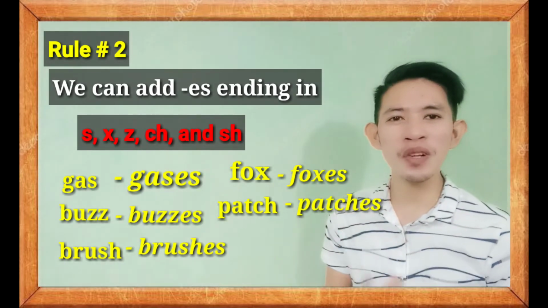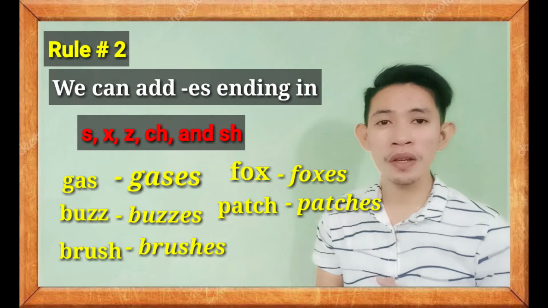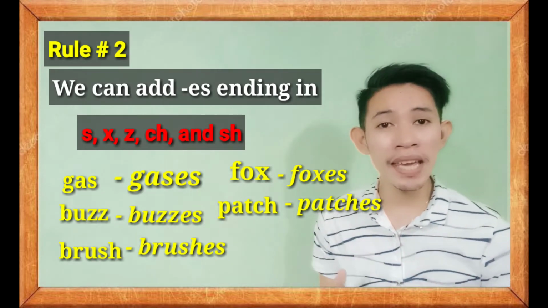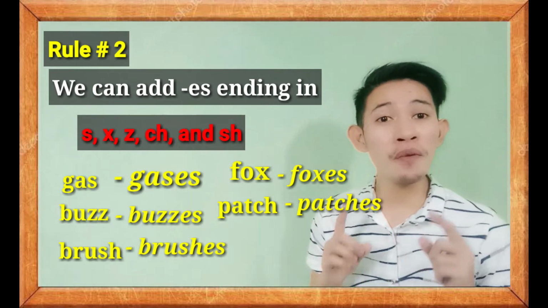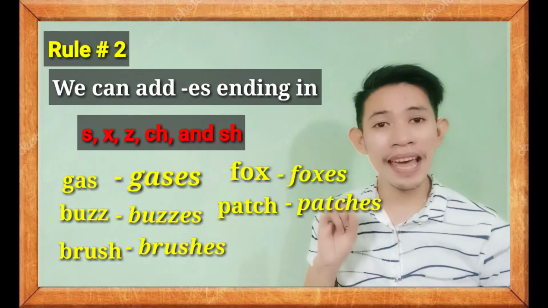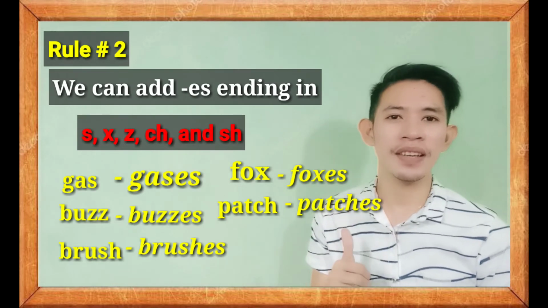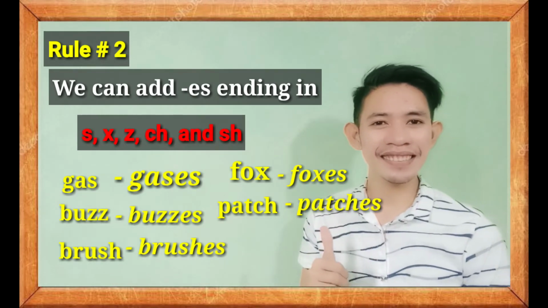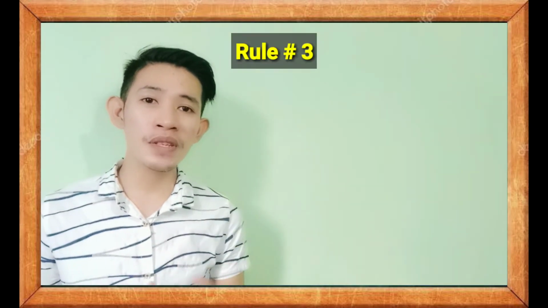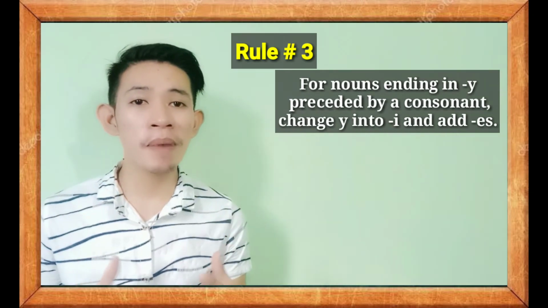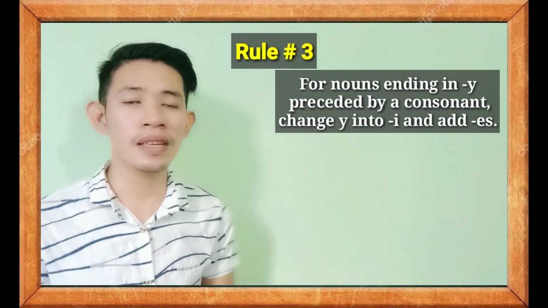So that's rule number 2. Forming singular nouns into plural nouns by adding ES if the word ends with X, S, CH, SH, or Z. Clear? Very good.